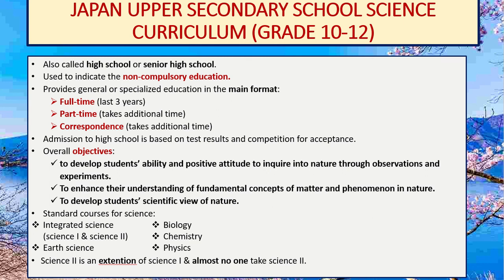There are 5 standard courses for science, which are Integrated Science, which is divided into Science 1 and Science 2, Earth Science, Biology, Chemistry, and Physics. For your information, Science 2 is an extension of Science 1, and almost no one takes Science 2.